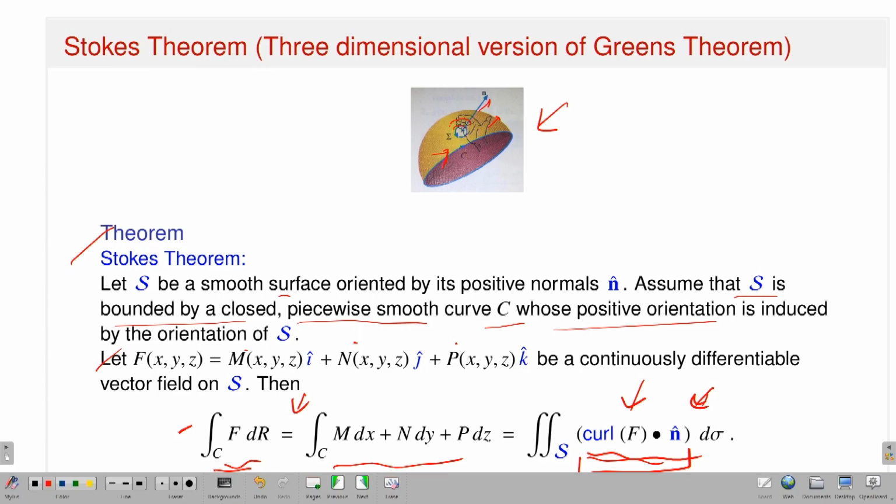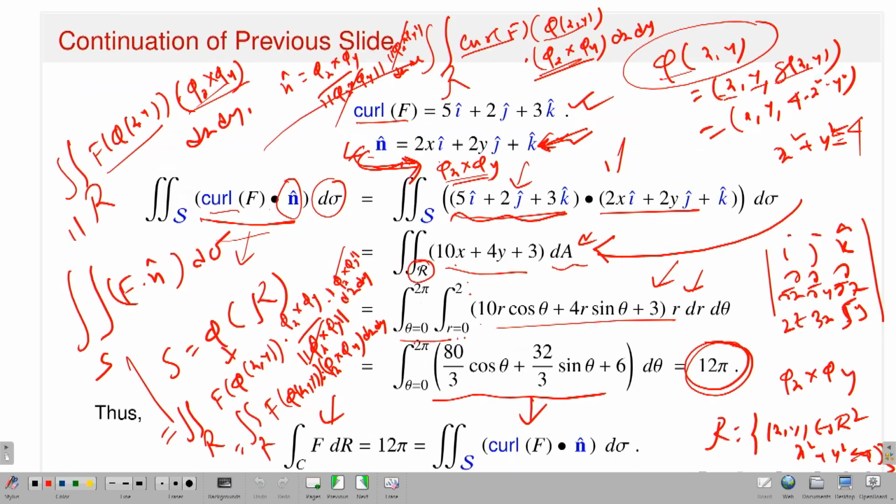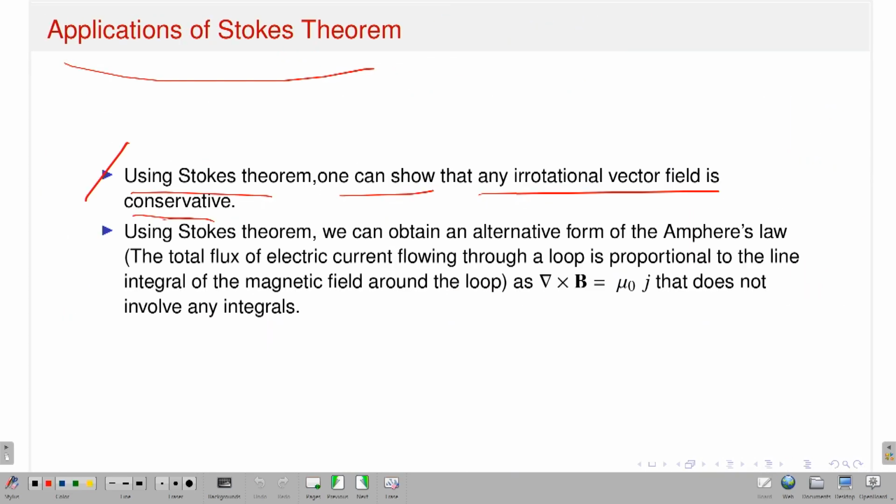And then if I start with a domain and take a simple closed piecewise smooth contour, and if I consider the surface bounded by that one, then on the right hand side, since it is an irrotational vector field, that means curl F is 0, so therefore this is exactly equal to 0, and therefore it implies the line integral over any simple closed piecewise smooth contour C is 0, and this is nothing but the conservative vector field. Okay, so that is one of the applications.